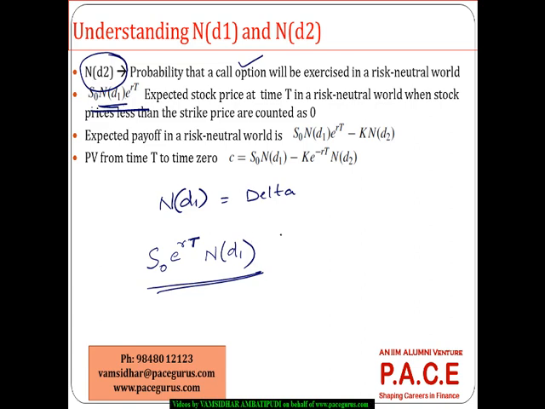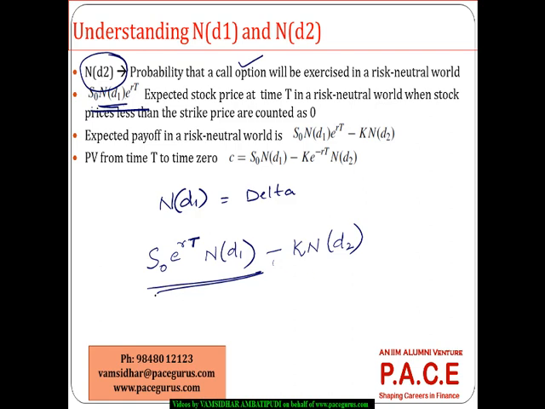Ignoring that, it is like the expected value of the stock price, given that it is greater than the strike price. So from this perspective, if I am looking at the expected payoff in a risk neutral world, this is the expected value of the stock price, minus K, which is the strike price, and the probability that the option would be exercised.